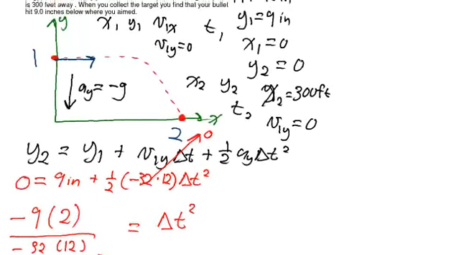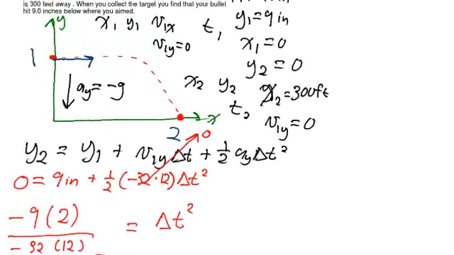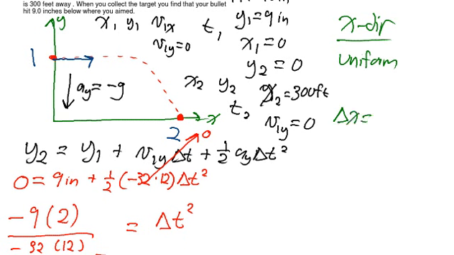Now the x direction is straightforward to deal with, because in projectile motion, the x direction is simply uniform motion. So in the x direction, we can simply say that delta x is equal to the velocity in the x direction multiplied by delta t.